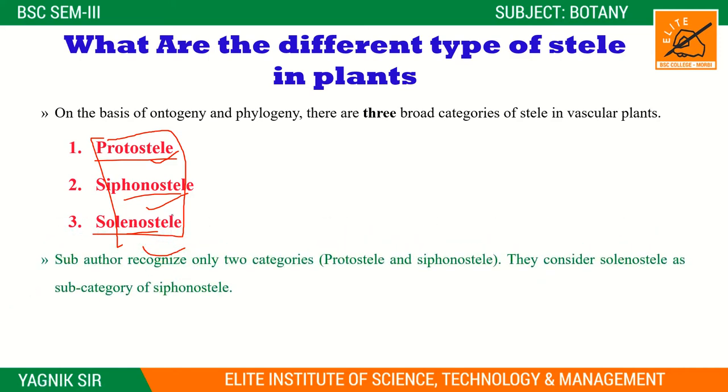Some authors recognize only two categories: protostele and siphonostele are the two main types of stele. But some scientists recognize solenostele as a main category, while others consider solenostele a subcategory of siphonostele.